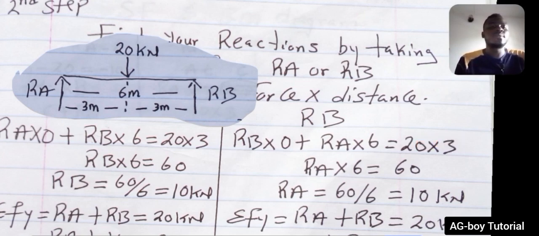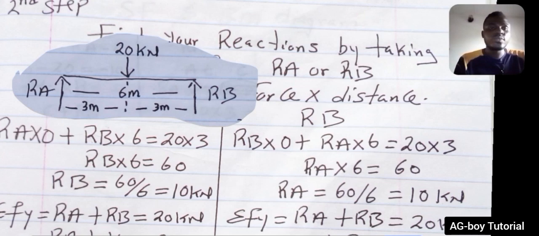So our RB times 0 is out, and we have RA times 6 equals 60. We got our 60 from this 20 times 3.